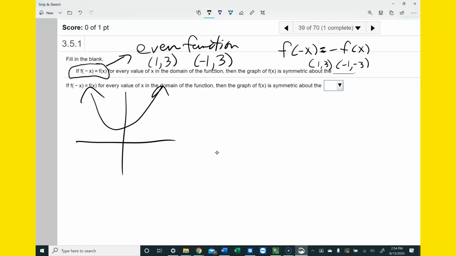And that has a certain symmetry. It has a symmetry about the origin, so that if you rotate it 180 degrees, it becomes the exact same picture as before you rotated it. So the answer to this one would be symmetric about the y-axis.